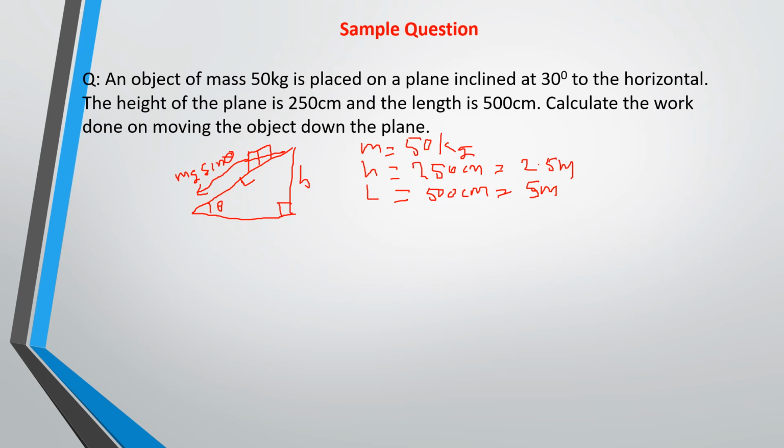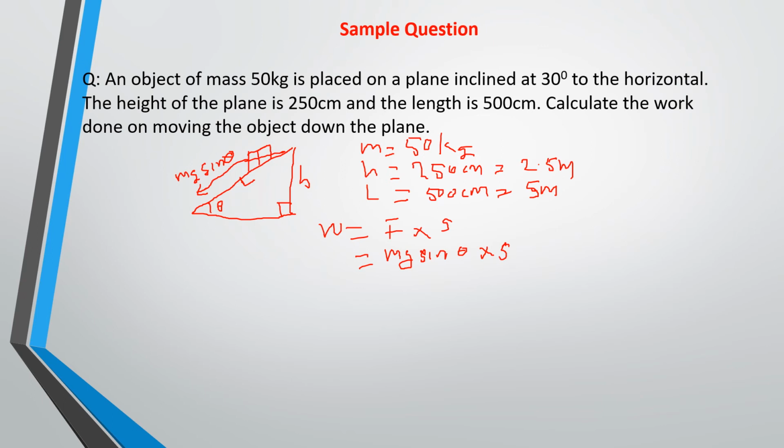Okay, and we say that work done is equal to what? Work done is equal to force times distance. Now the force component down the plane, we said, is mg sine theta, times the distance.